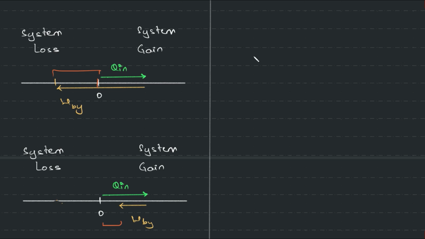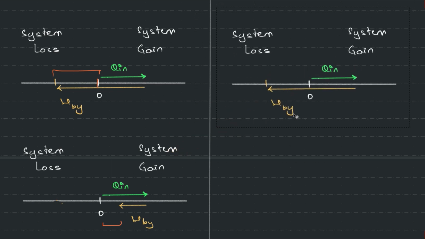For example, let me do this again. If the system is losing energy, this is Q out, and if the work is done on the system, it will be an arrow pointing towards the right.